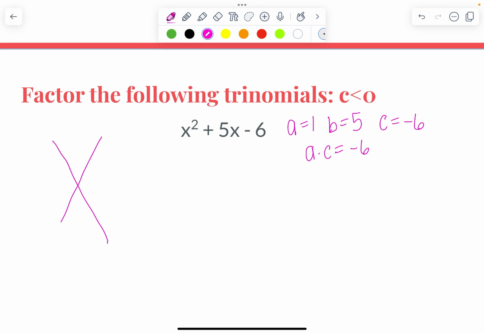So if I draw my X here, I have -6 on top, positive 5 on the bottom. If this is the case, we have one positive and one negative, but the positive is going to be the bigger of the two numbers when we find our factors because we need to add to a positive 5. That means we need more positives than negatives.